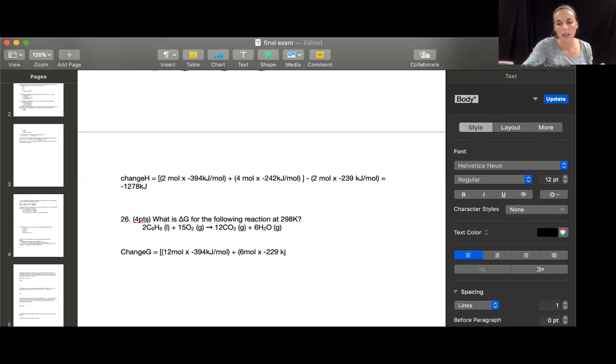You can use the chart in your book, or you can use the chart on your module 13 test. It's on there too. Okay. All right, there's the products, and we're going to subtract our reactants. Whoops. So C6H6, and there's 2 moles of it. And that's going to be in liquid form.